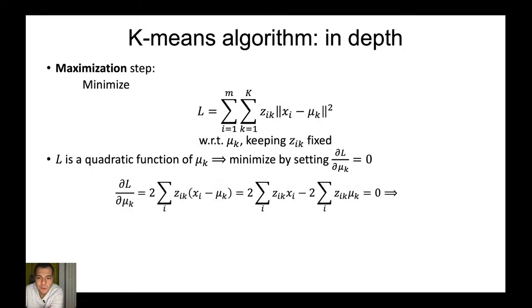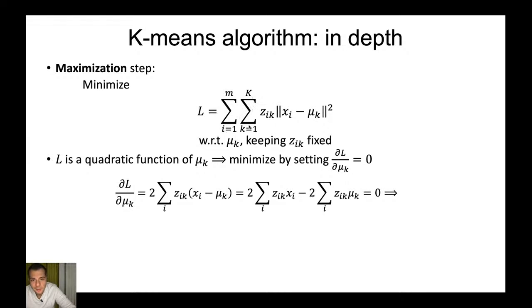So the gradient of this function is equal to, we apply the derivative here, so we have the square which goes in front as a constant that multiplies this sum. So we have the sum over i. This is the derivative with respect to the centroids mu k, so we are referring to a specific centroid.